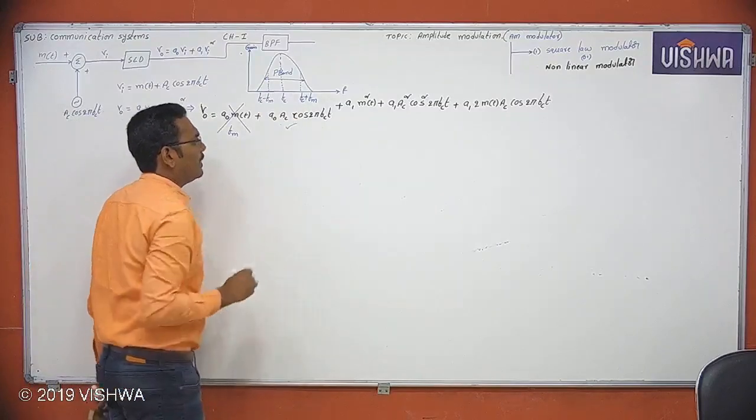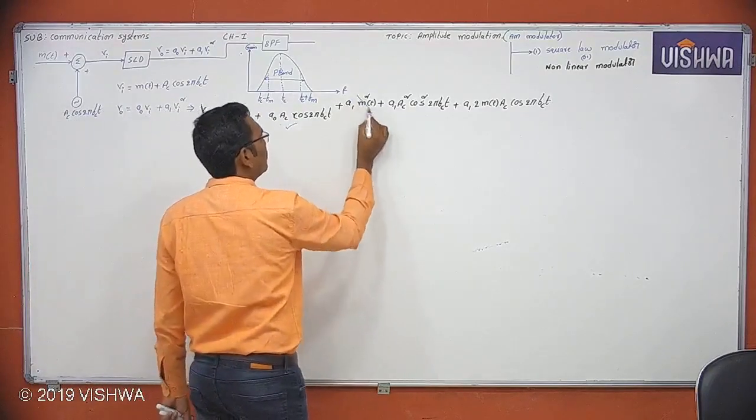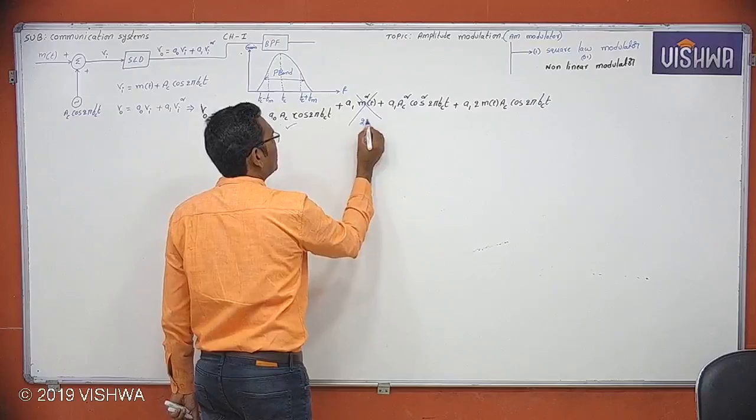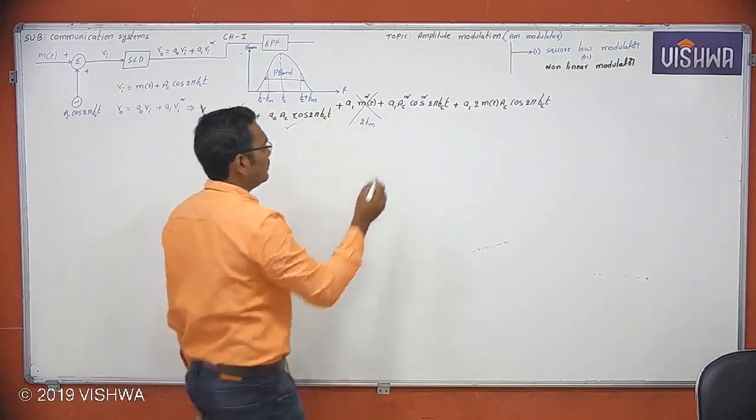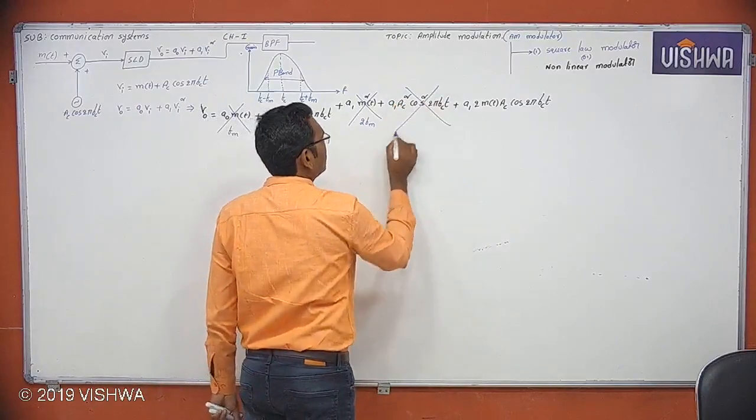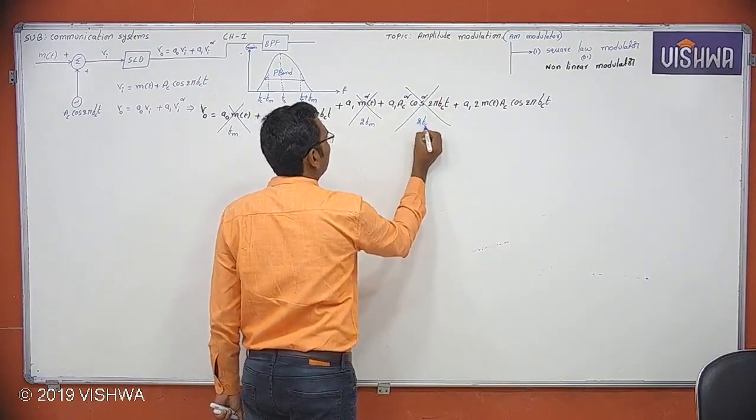This signal is squared, frequency is double, 2 FM is not allowed. 2FC is also not allowed.